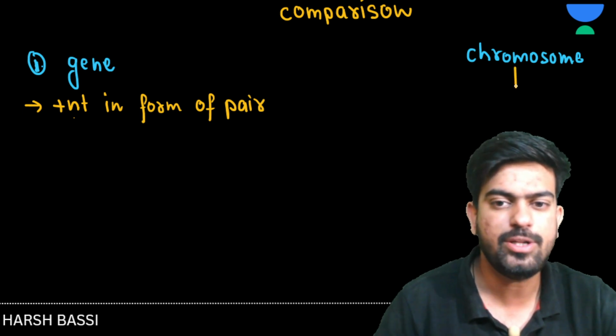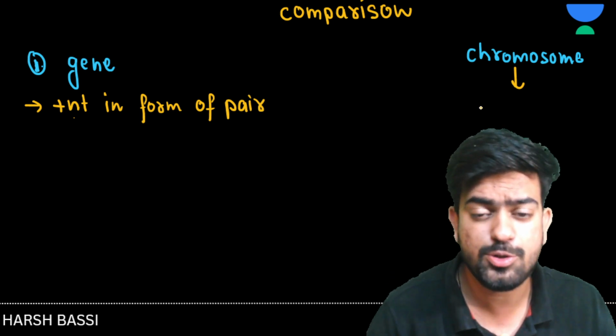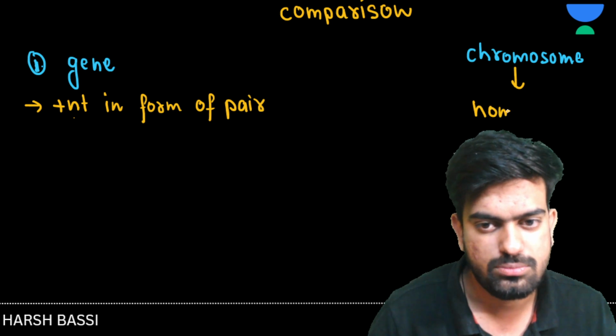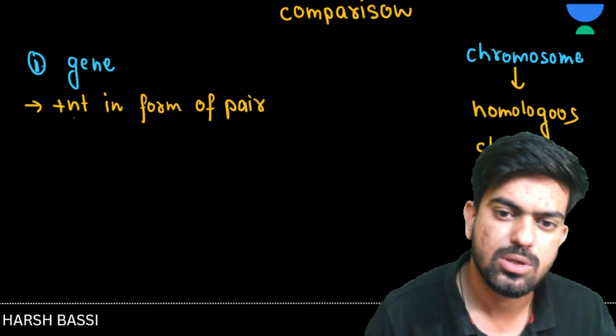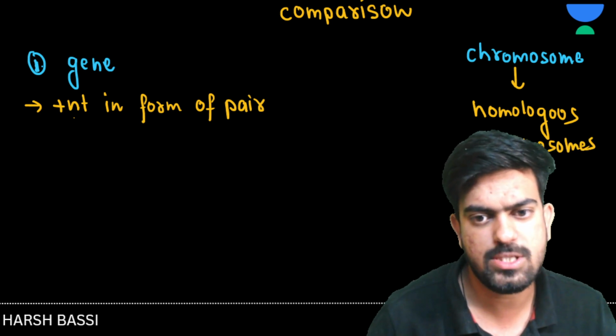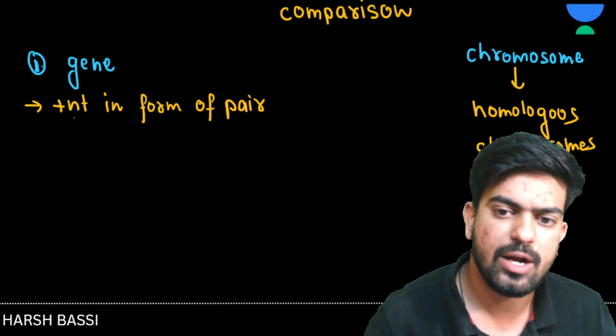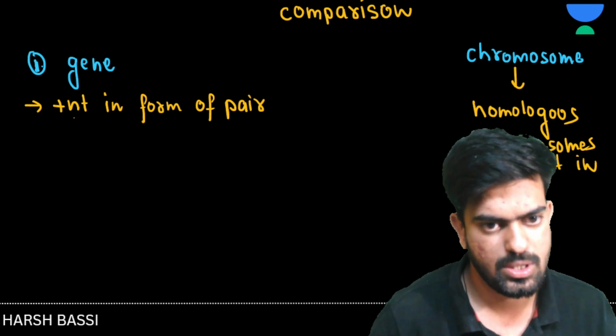What about the chromosomes? Yes, we know that homologous chromosomes are also present in pairs, yes or no? Homologous chromosomes are present in pairs. Great, sir, this we know.